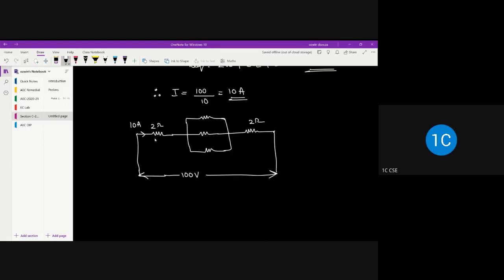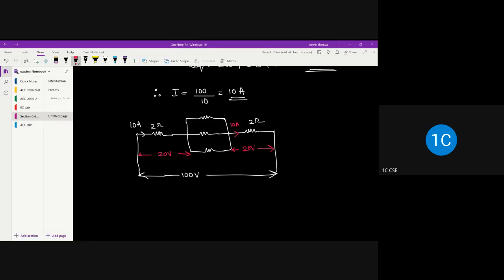So the voltage drop across the 2 ohm resistor is 10 into 2, which is 20 volts. Similarly, the same 10 amperes flows through the second 2 ohm resistor, and it creates a potential drop of 10 into 2 ohms, that is 20 volts.